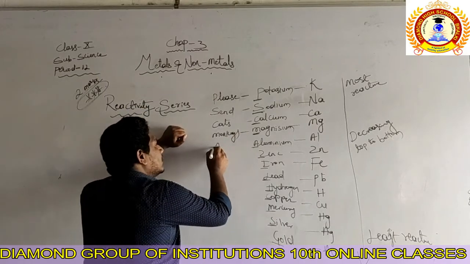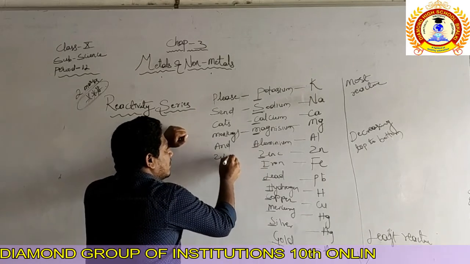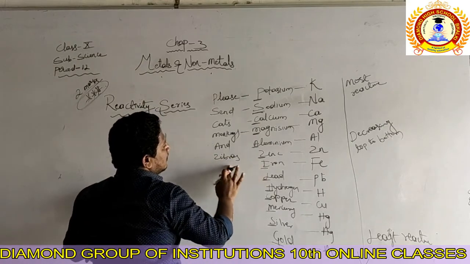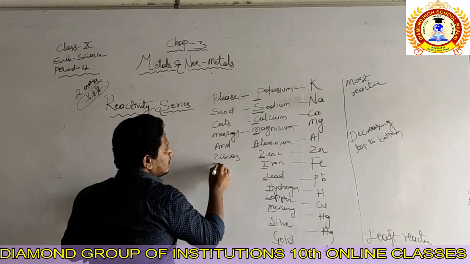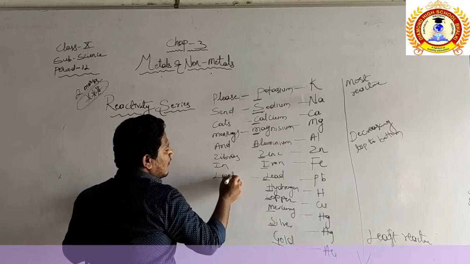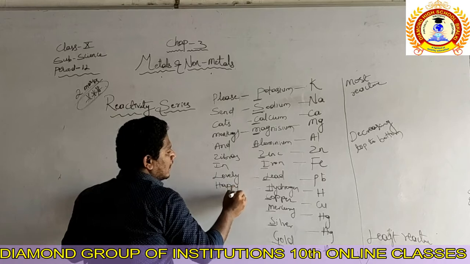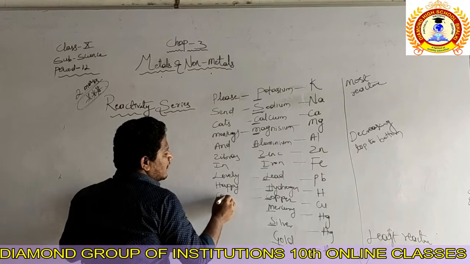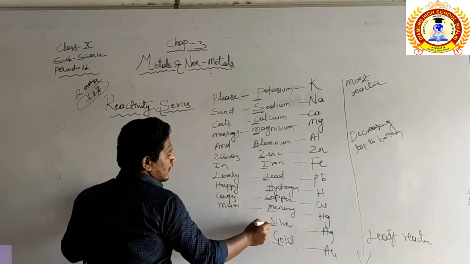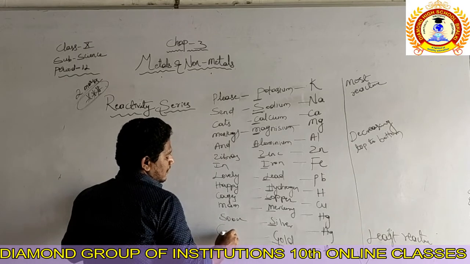A refers to ant, aluminium A. Z refers to zebras. I refers to in. L refers to lovely. H refers to happy. C refers to cages. M refers to ma'am. S is soon. G is grateful.